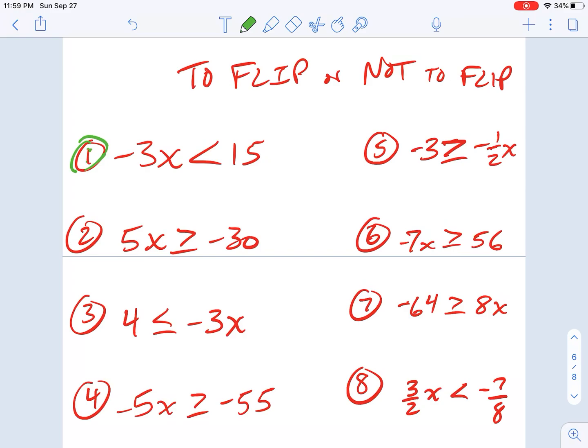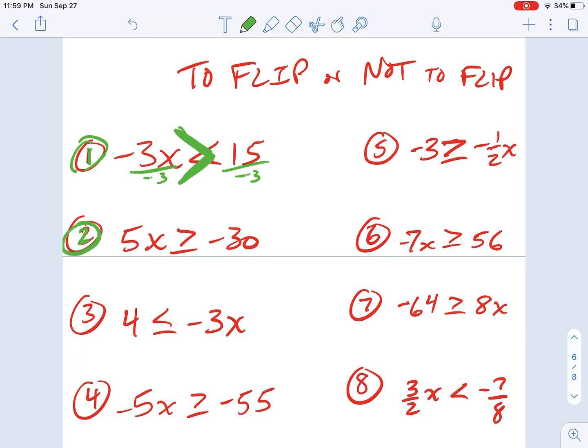Let's look at number 1. I'm going to need to divide by a -3. So will I flip my sign? Yes, I am dividing by a negative. So you flip it.